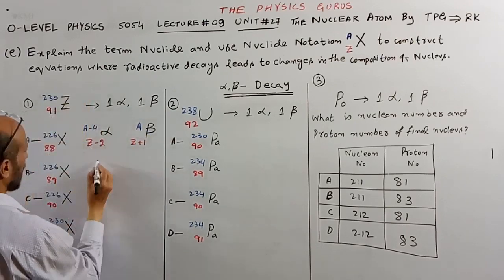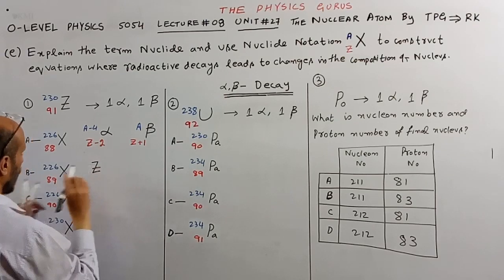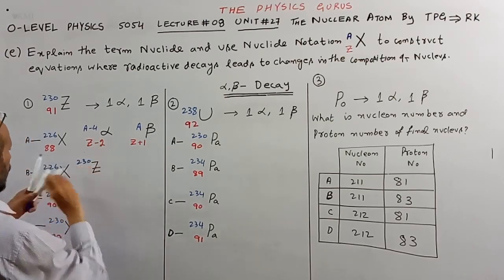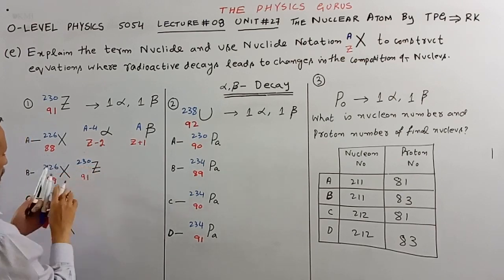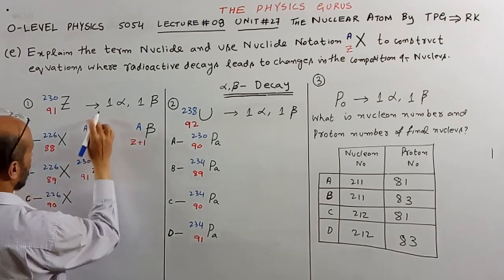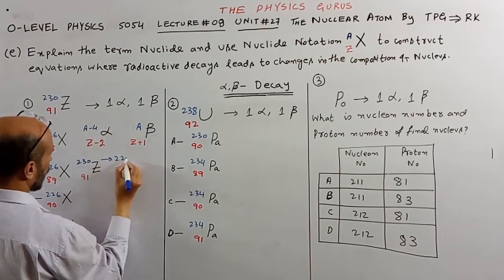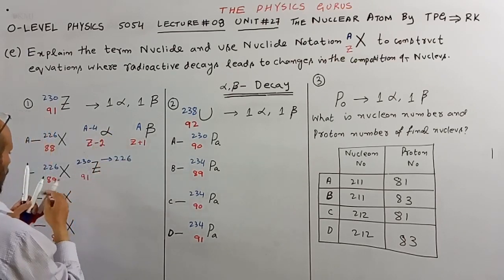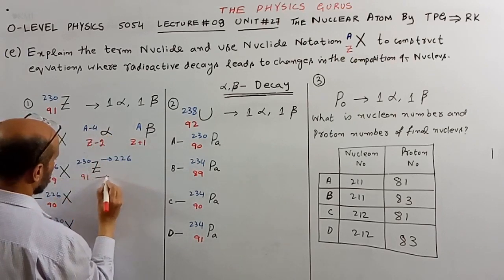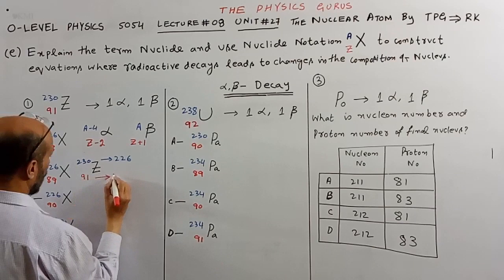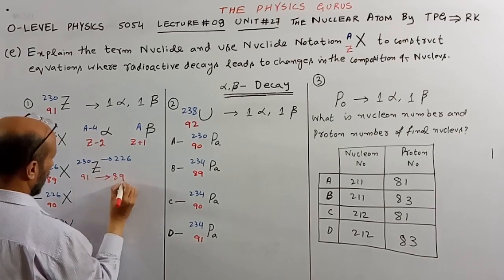So we will apply these two rules one by one to these values. It was 230 and 91. So definitely 230 minus 4, then it will be 226, and the value of Z was reduced by 2, so it will be 89.